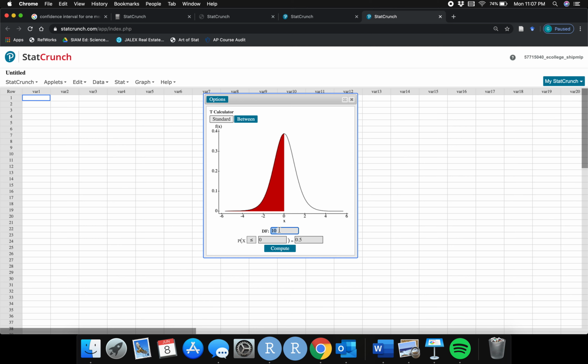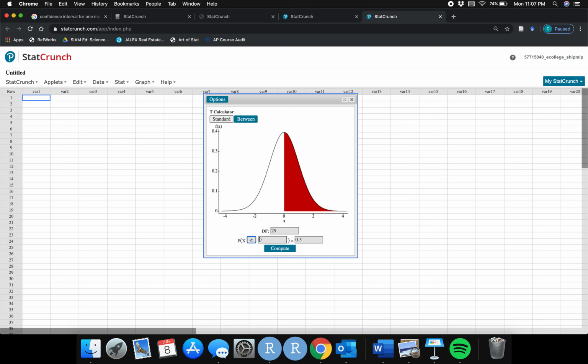In degrees of freedom, you put the sample size minus 1. So 30 minus 1 is 29.